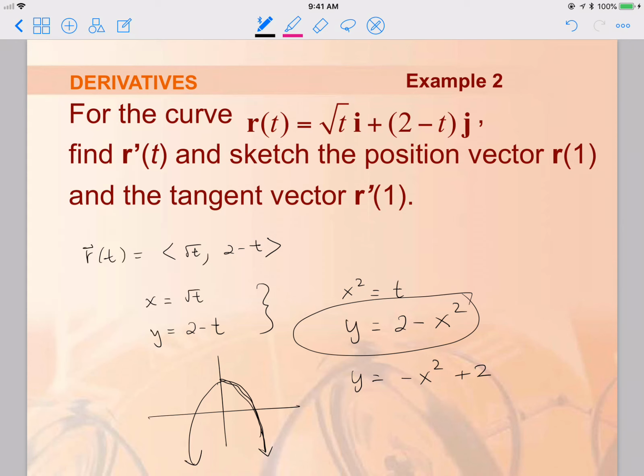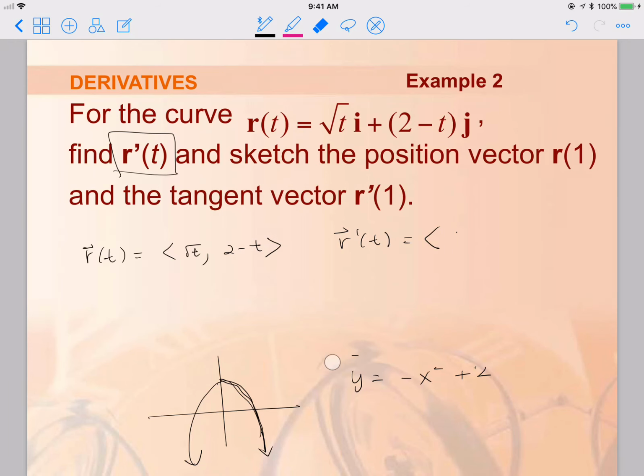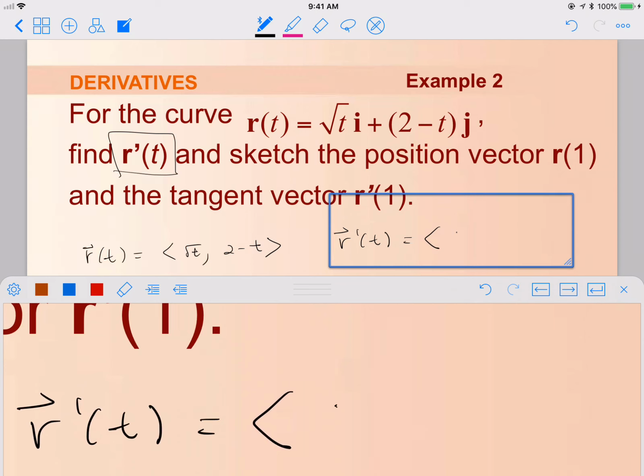Okay, so now if we want to find r prime of t, we're just going to take the derivative of each component. So we need the derivative of square root of t, and then the derivative of 2 minus t.